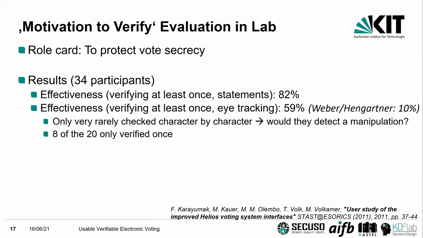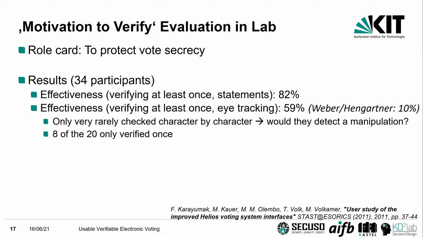So they looked once or twice from one to the other, but we are not very convinced that they would have detected a manipulation, where the hash value is a different one. Furthermore, as I explained before, it is crucial that people verify more than once. Out of the 20 that verified at all, there were 8 that verified more than once.